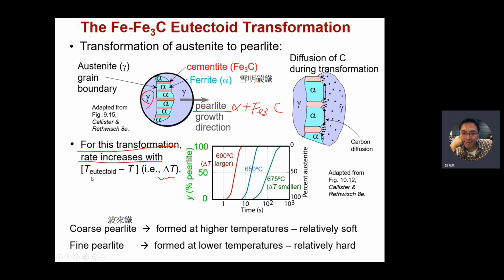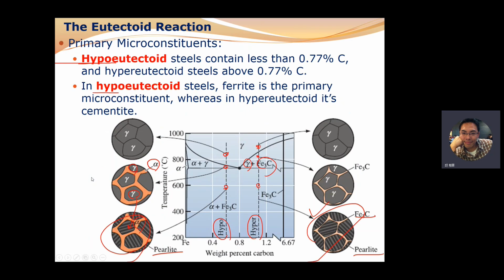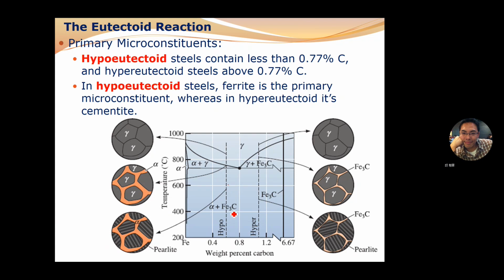So what's the meaning of the pearlite forming at higher temperatures? If we look at its phase diagram, let's erase this note here. We already know this is a pearlite structure.